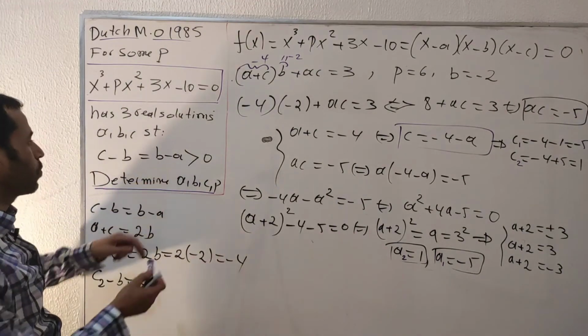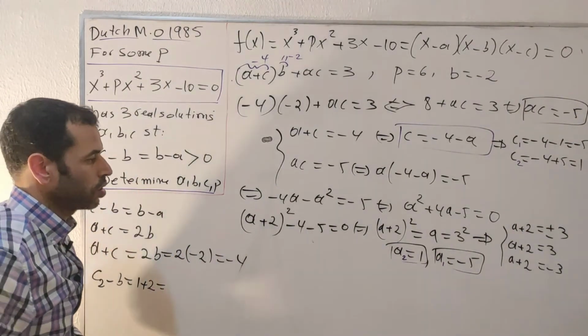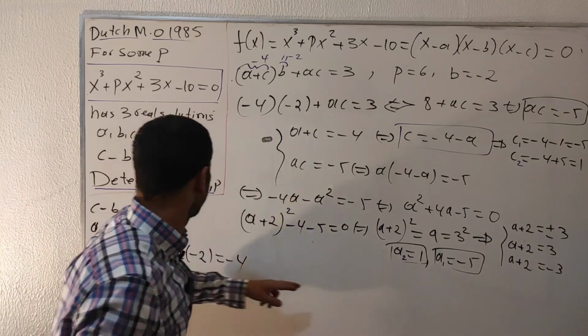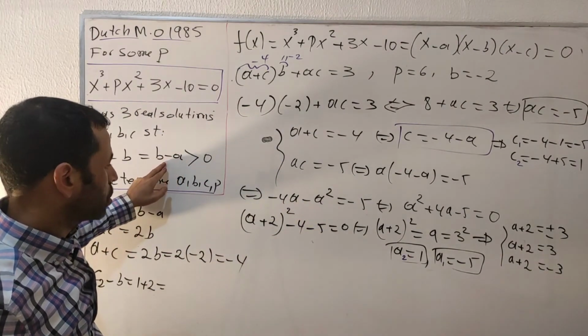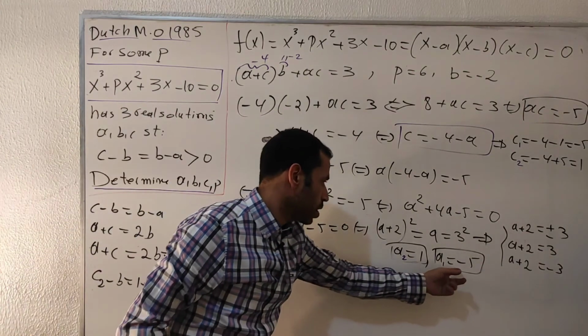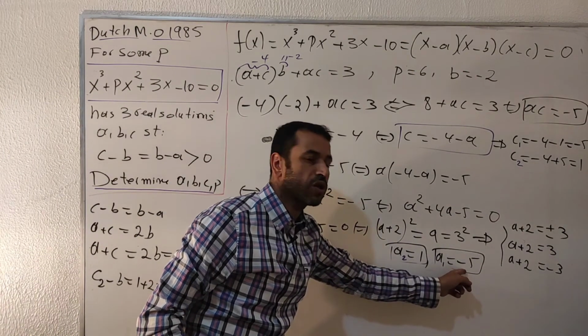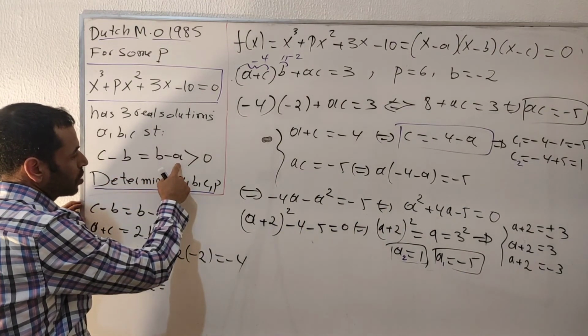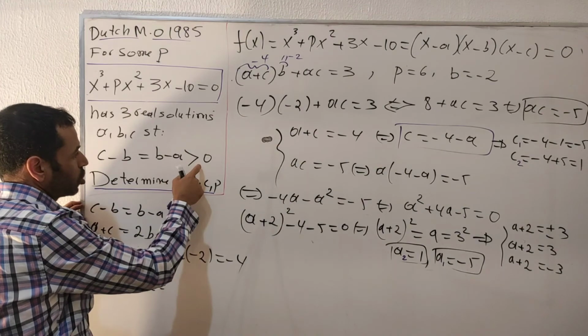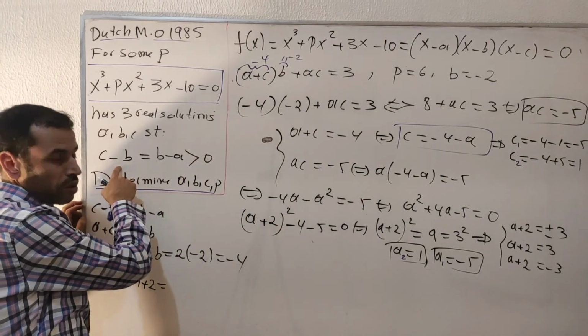Now we look at the second one, B minus A. If we look at the positive one, it's not going to work here, which contradicts our condition. So A equals minus 5 is the right value, because minus 2 minus minus 5 gives 3, which is strictly greater than 0, equal to the other one as well.